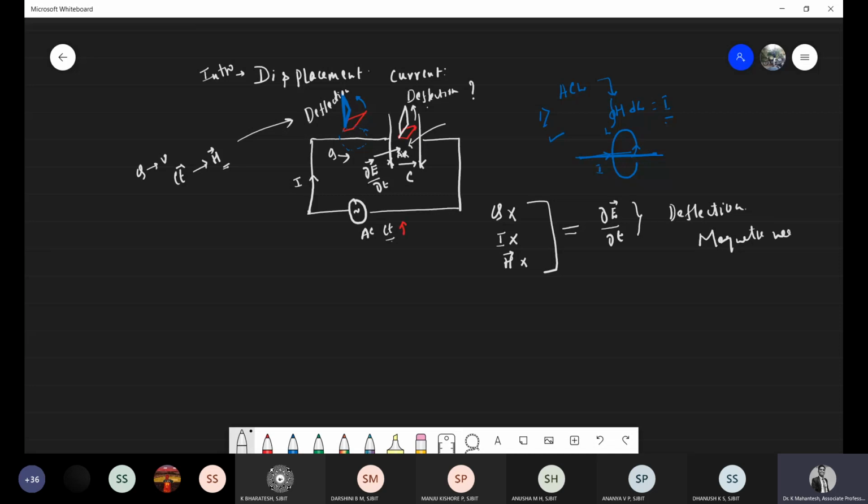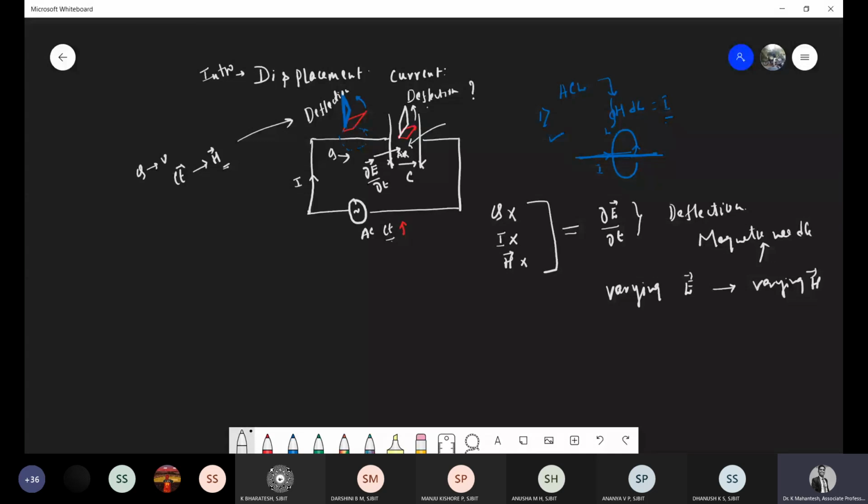That means a varying electric field produces what? A varying magnetic field, and this causes the deflection of this magnetic needle.